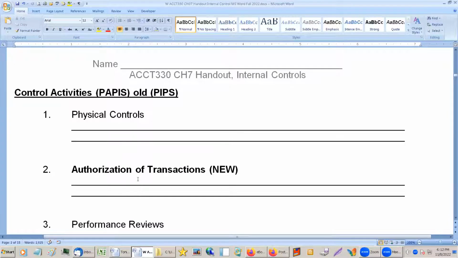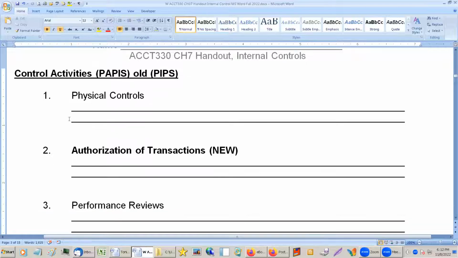Okay, control activities. This used to be called PIPs. No, I don't know, I call it PAPIs. I don't know what they're calling it in the CPA reviews right now.